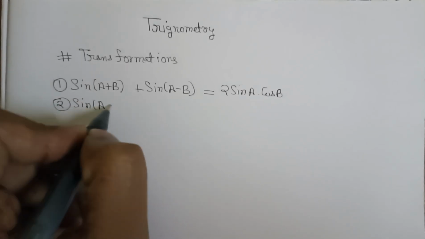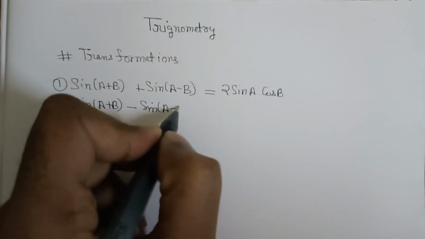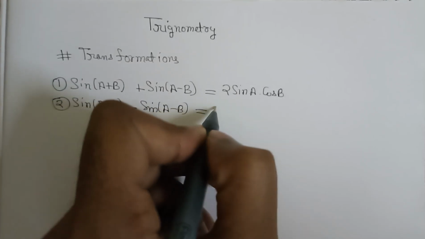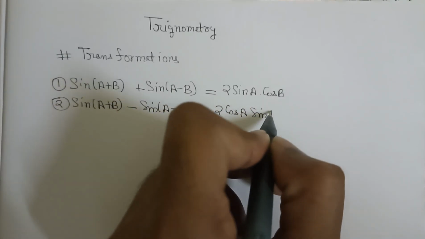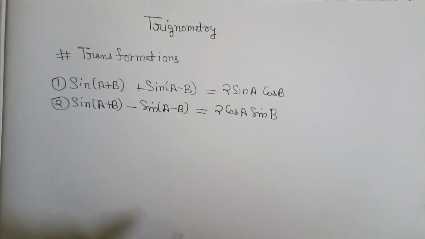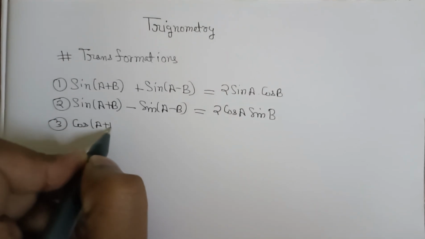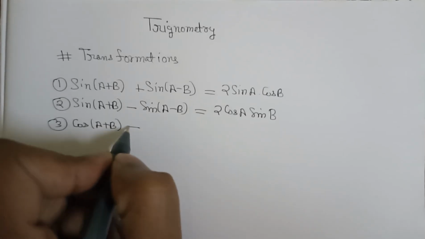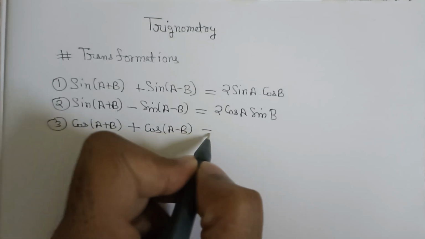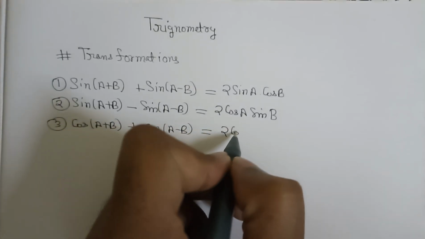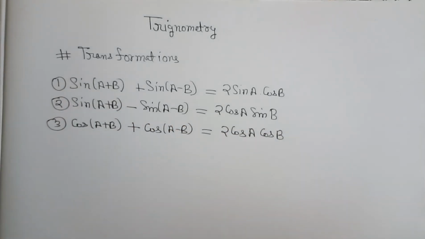Second formula: sin(a+b) minus sin(a-b) is equal to 2 cos a sin b. Third one is cos(a+b) plus cos(a-b) is equal to 2 cos a cos b.